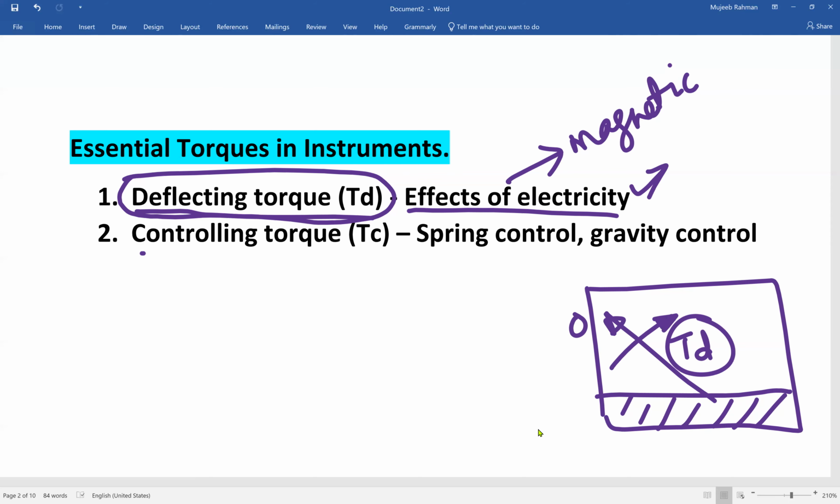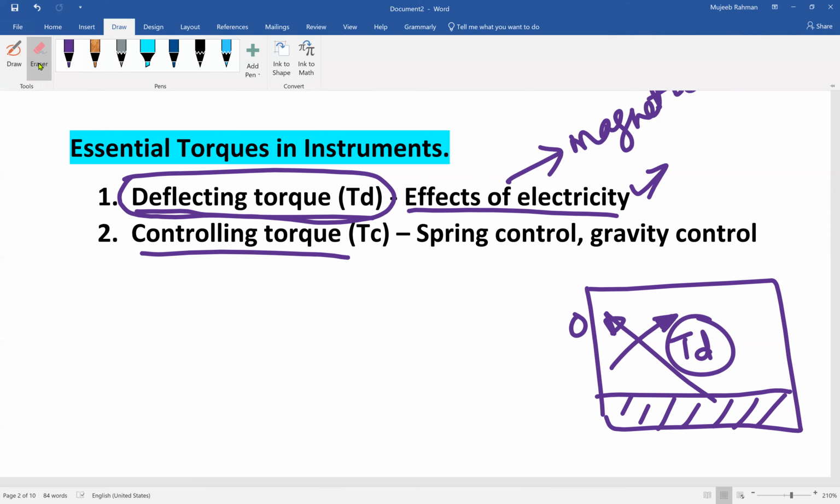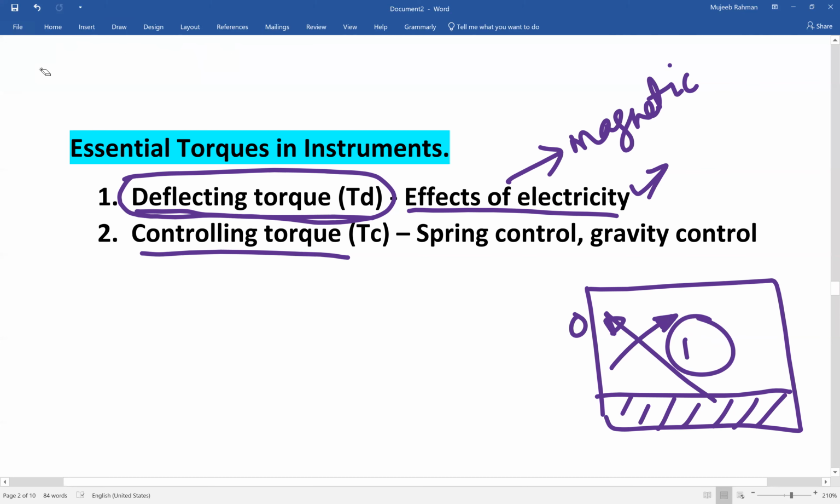Now the second type of torque is called the controlling torque. When we apply an electrical current, for example in the case of an ammeter, the moving system moves from the initial steady state position or the rest position, and it will reach the final steady state position, or it indicates the quantity that is being measured.